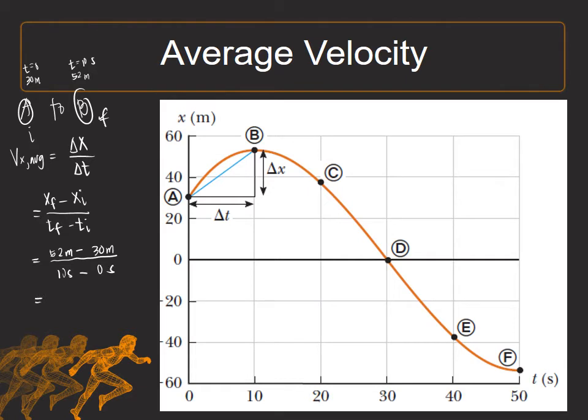That is equal to 52 minus 30, 22, all over 10 seconds. So our average velocity from A to B is 2.2 meters per second.